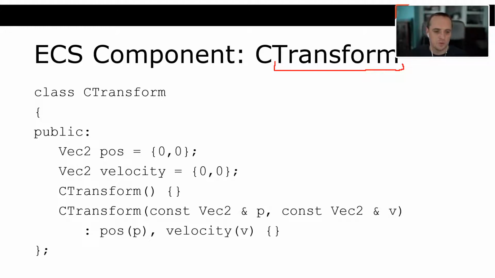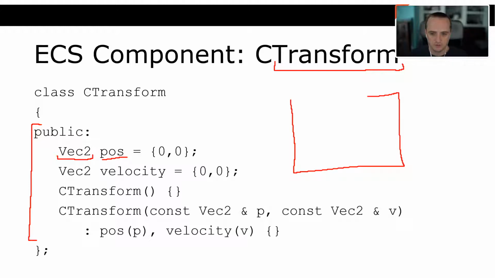So what we have here is a Vec2, and so this is the transform class. We're going to make everything public. So these could technically be implemented as structs, but I just want to have them as classes. And for example, 2 of these member variables could be the position, so where the object is in the level, right? So the position is going to be here, this is where it is.